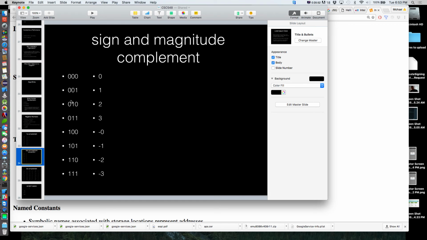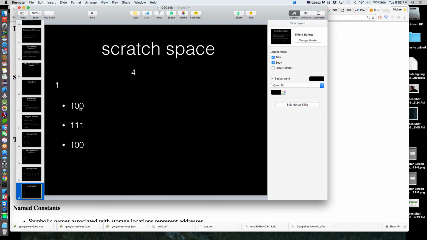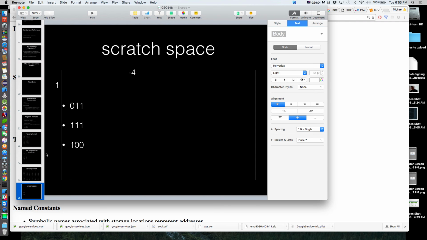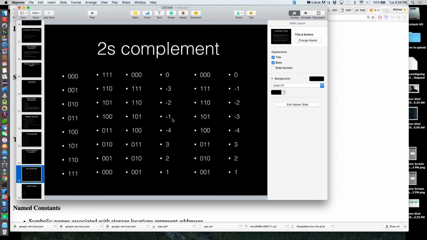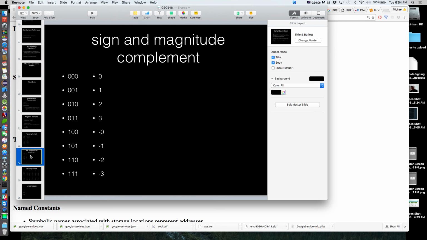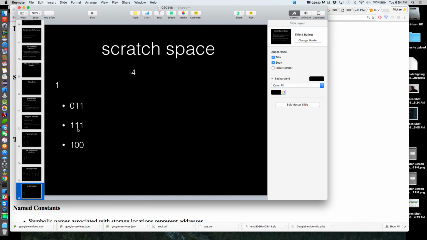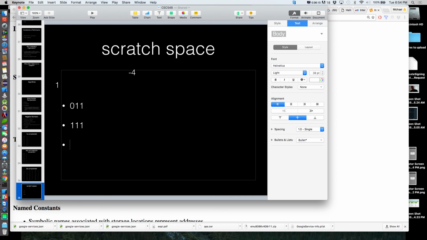So we take this guy right here. If we take 3 and add to it -3, we should get a 0. So our 3 is 0, 1, 1. Our -3 is 1, 1, 1. We want to add those guys together.